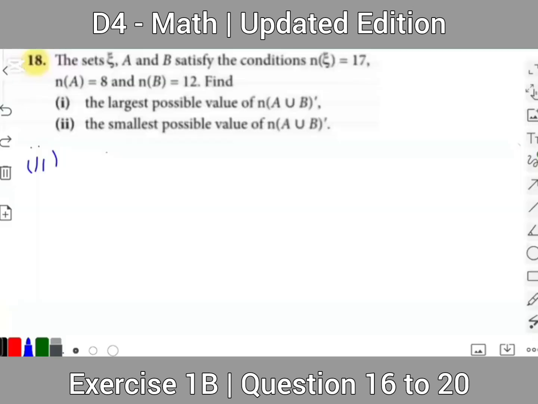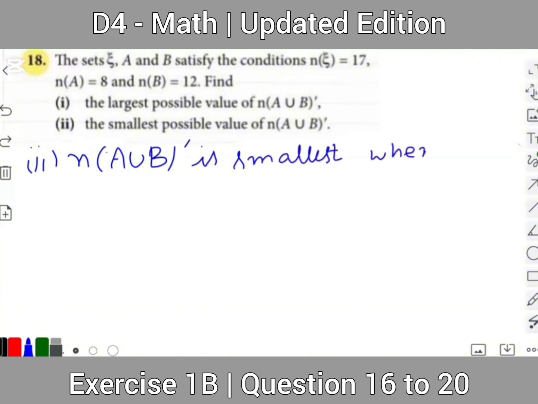Now in part 2, we have to find out the smallest possible value of n of (A union B) whole complement. So n of (A union B) whole complement is the smallest when n of A union B is largest.